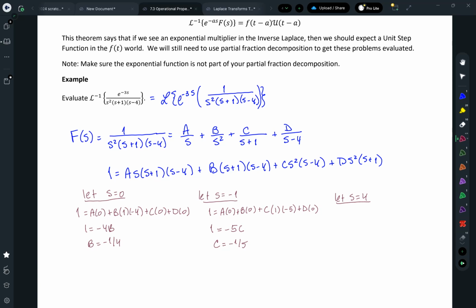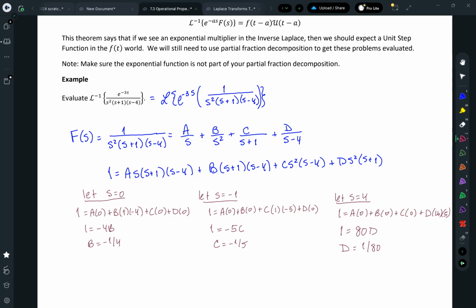When s is 4, we get 1 is A times 0 plus B times 0 plus C times 0 plus D times 16 times 5. Sorry, that kind of got cut off at the edge there. So simplifying this, 1 is equal to 80D. So D is equal to 1 over 80.